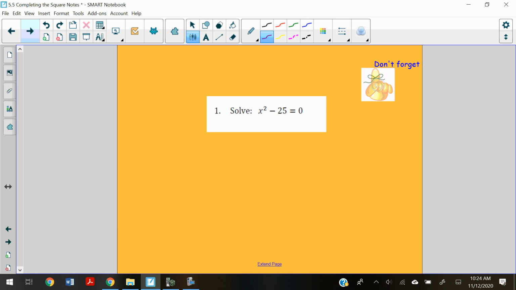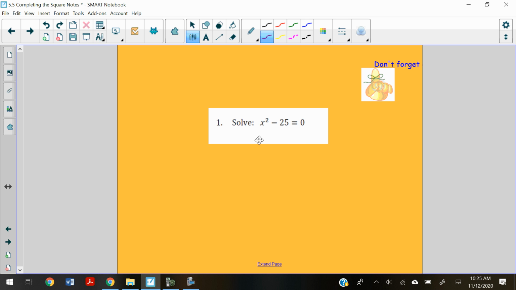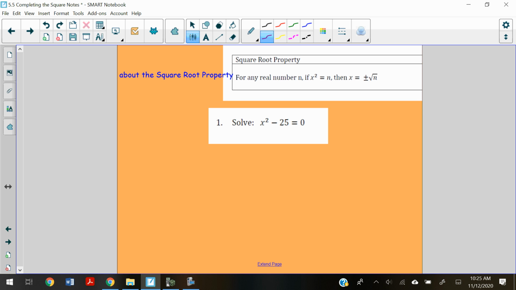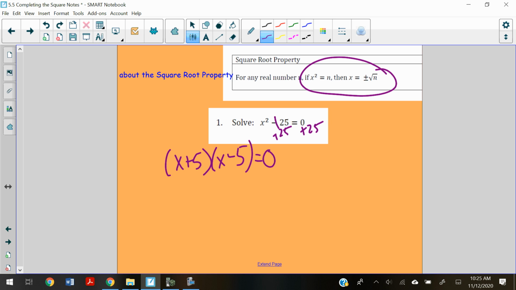Here's our first problem. We don't want to forget that we have our square root property. This problem here, we can factor into x plus 5 and x minus 5 and set each of those equal to 0. But with the square root property, I can add 25 to both sides and get x squared equals 25.